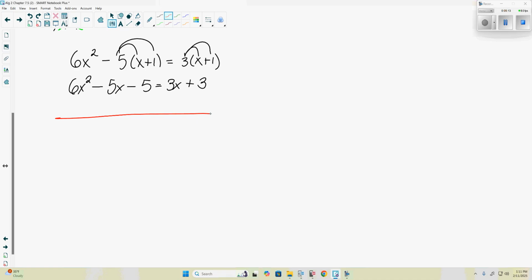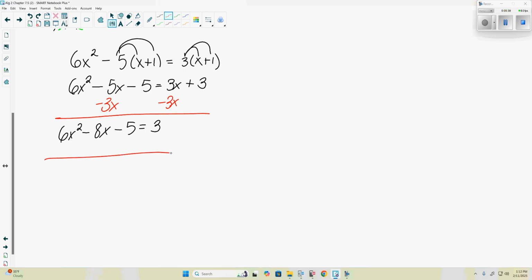Now, since we do have an x squared term, we need to get this equation equal to 0. So what can we do first? We can subtract 3x from both sides. Our 6x squared will be the same, but our negative 5x minus 3x, so it'll be negative 8x, minus 5 is equal to 3.